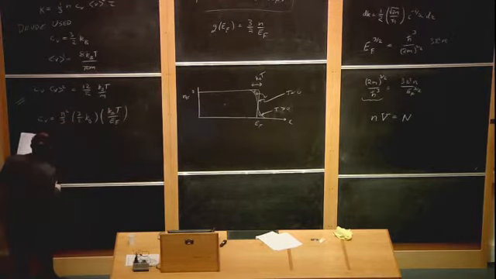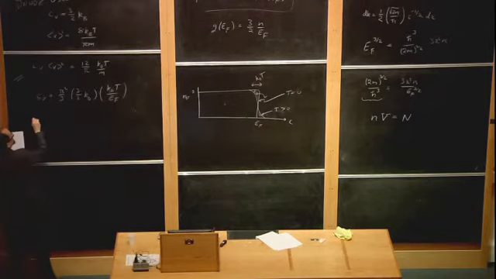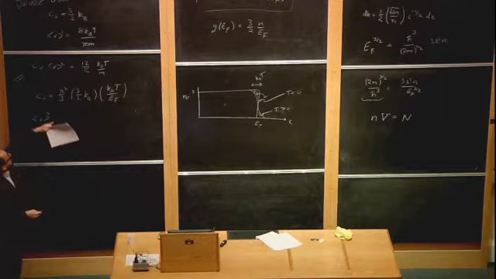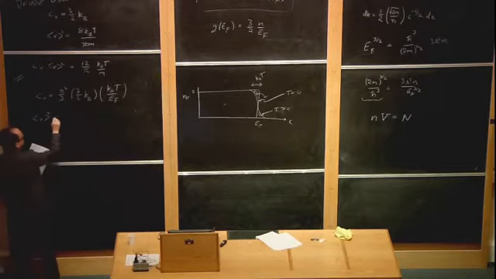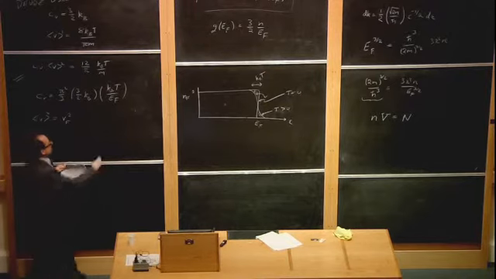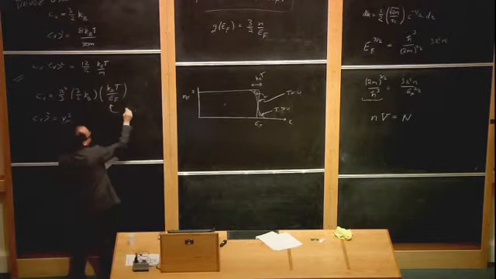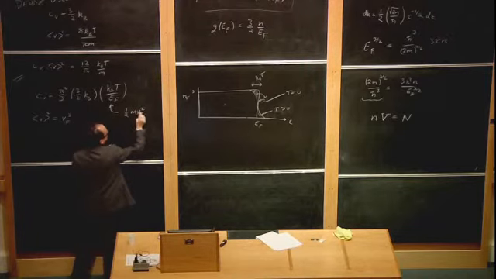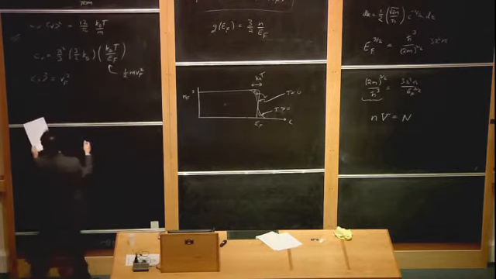And v squared is not given by the classical kinetic theory result, but should instead be given by vF squared, the Fermi velocity squared. To make things a little bit simpler, we can write EF as 1/2 mass times vF squared. Put those together, we get some cancellation.